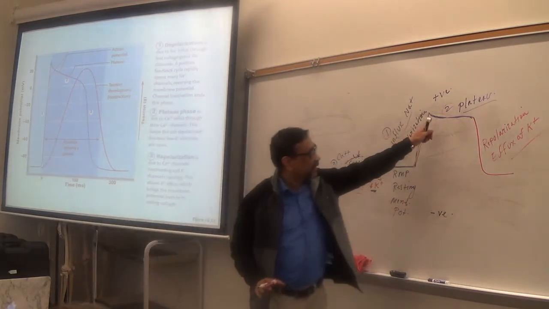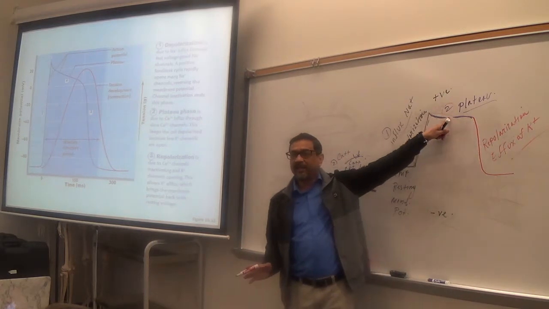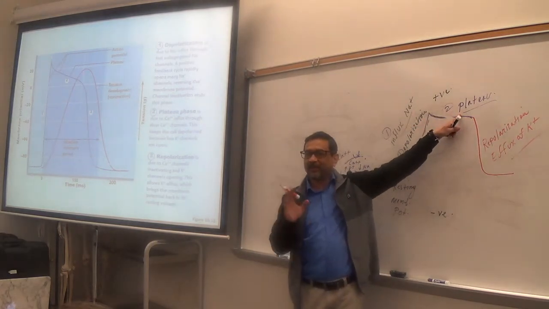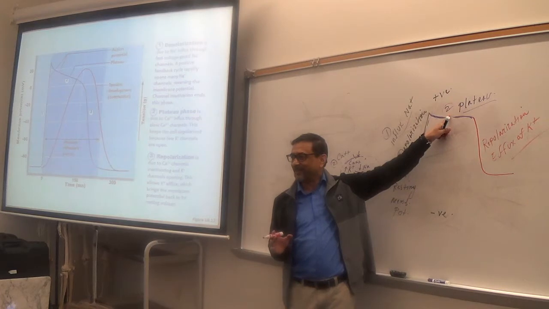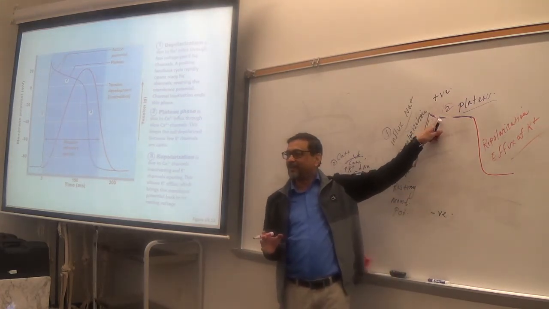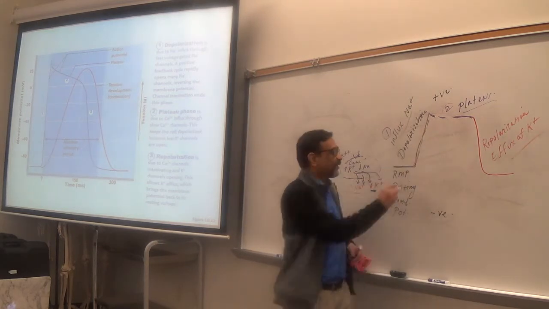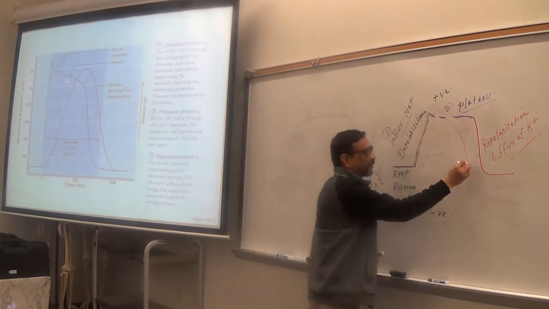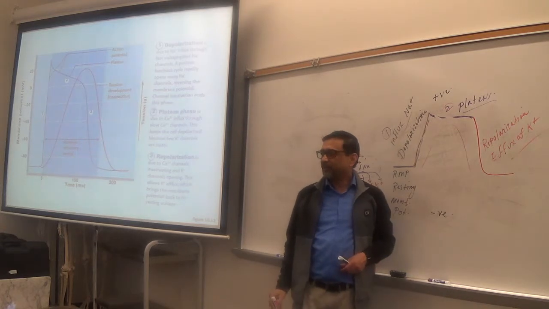This part is only seen in cardiac muscle. That's why you need to know the action potential of cardiac muscle. This part is present in the heart muscle. In a skeletal muscle, you'll see like this. No plateau.